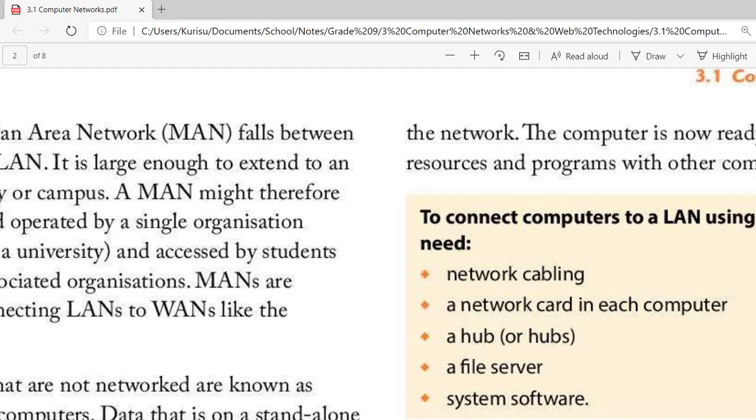Good. So now we're going to look at a simple configuration of a network. Those bullet points you're seeing are some of the needs that you would have to create a network so that you can be connected to the network and be sharing information and resources.